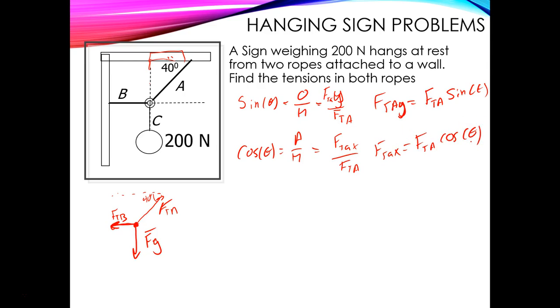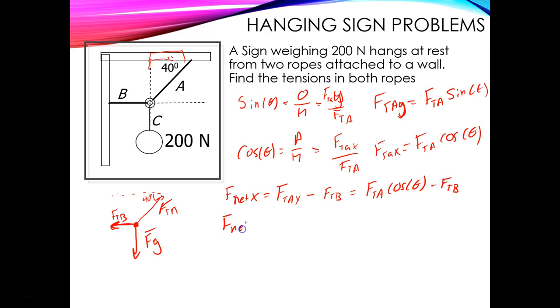The next thing I want to do is write out my F net equations in the x and the y direction. So F net in the x direction is just going to be equal to my forces in the x direction, which in this case is going to be FTA in the x direction minus FTB, or FTA times the cosine of theta minus FTB.